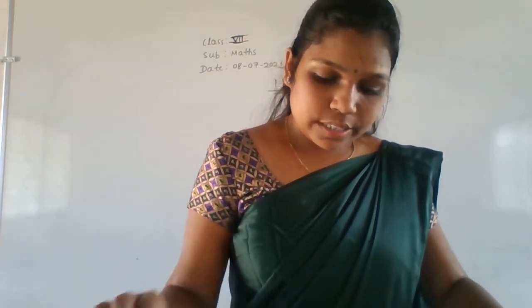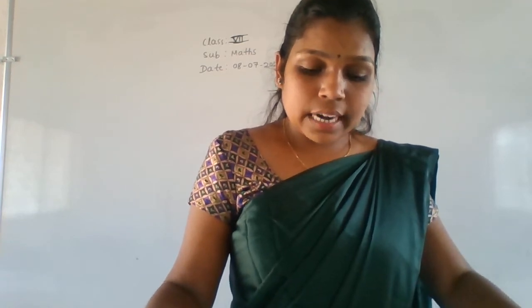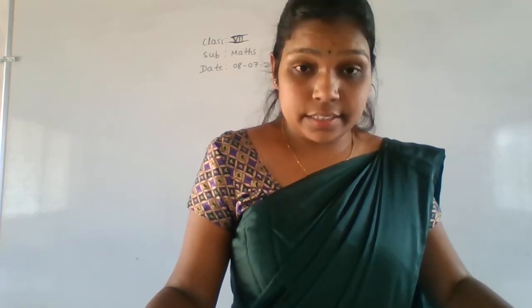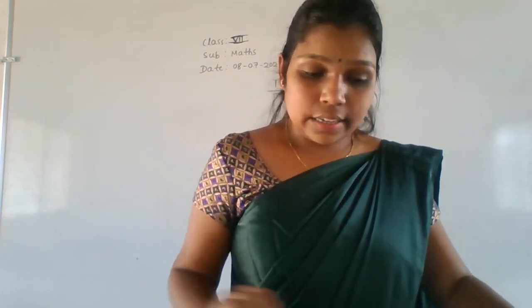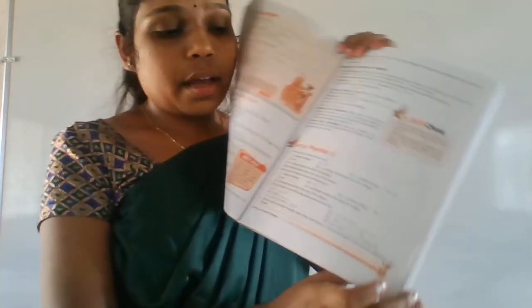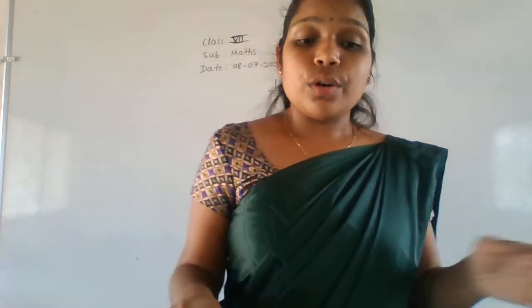Okay, so we'll start with 1.1. What is the first question? Write a pair of integers whose sum is... I also started the syllabus. This is page number 3, exercise number 1.1, which I am solving here.